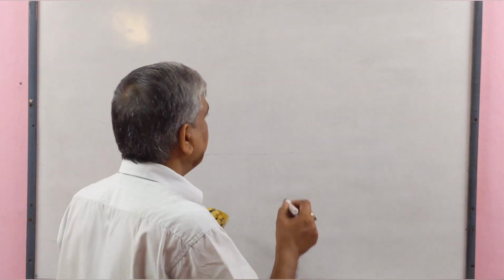This is a plane surface. This is the base, and from the vertex to the top position we get the height, and this is called the slant height. By figure we may show this.